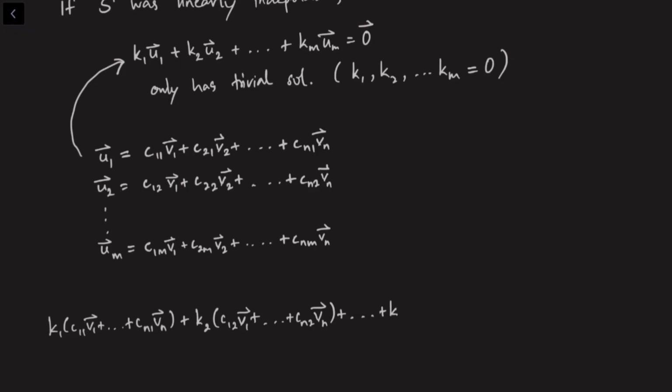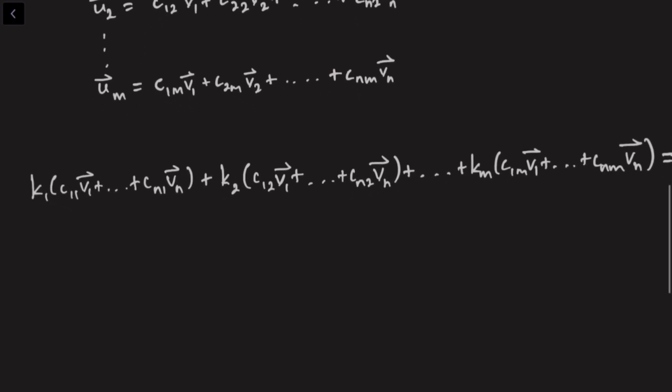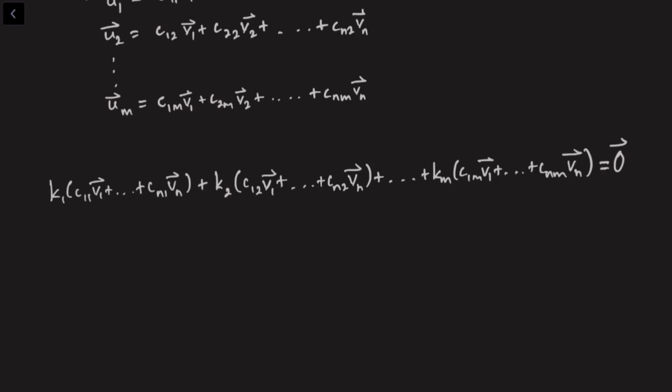We'll have km and um, which is c1m v1 through cnm vn, and that will have to be equal to the zero vector. So we'll rearrange this, grouping the coefficients together.